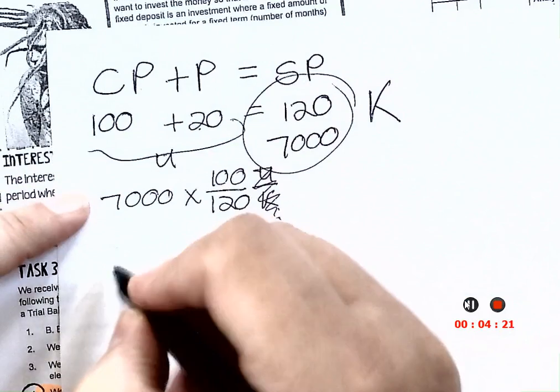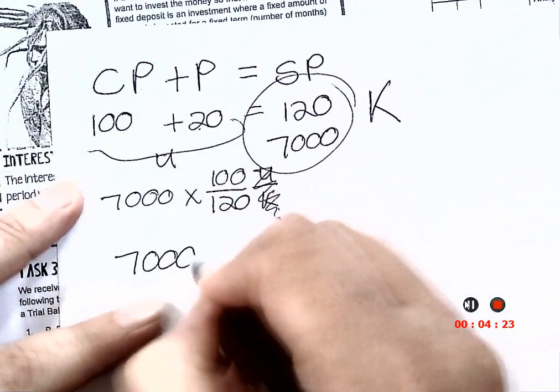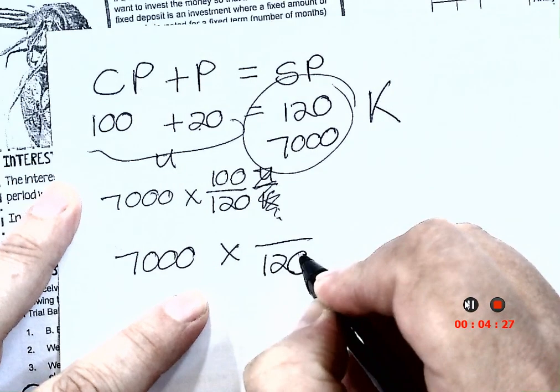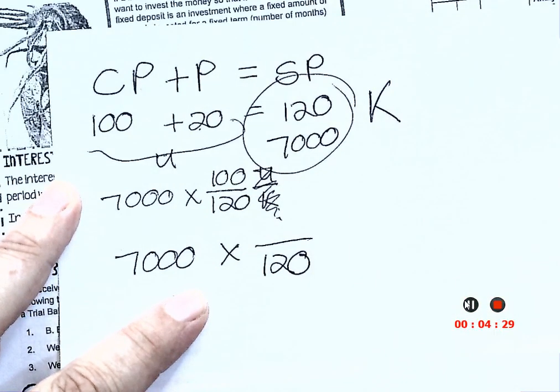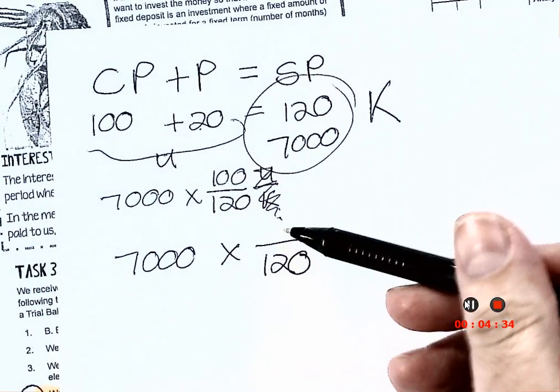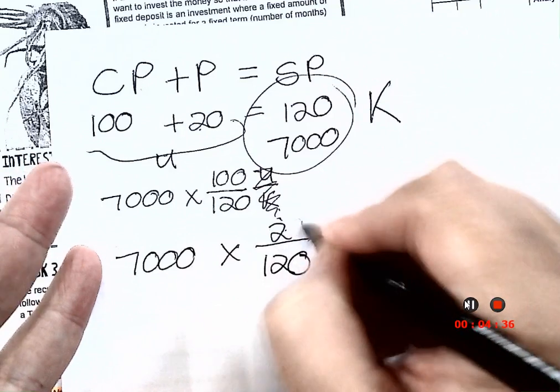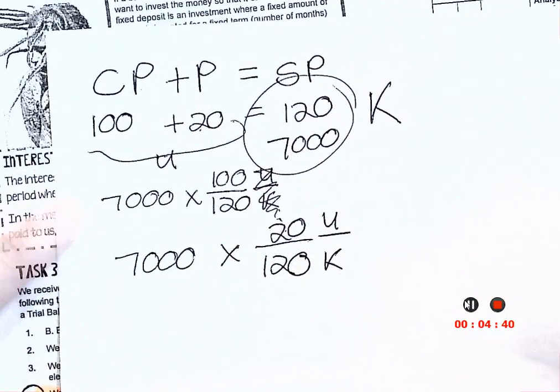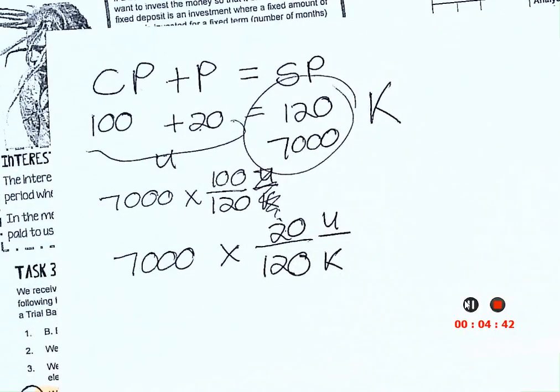So I take the known rand and I put the known percentage at the bottom. Okay, but let's see, what did you put on top? 20. You see? The unknown over the known. You're starting to get it.